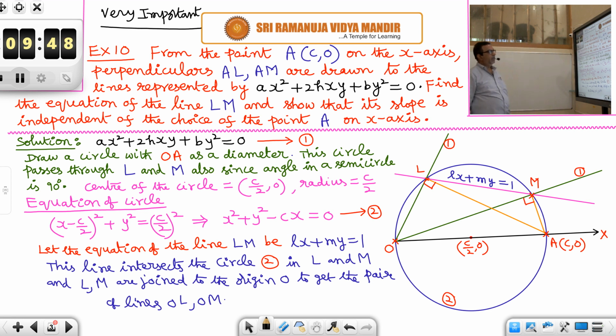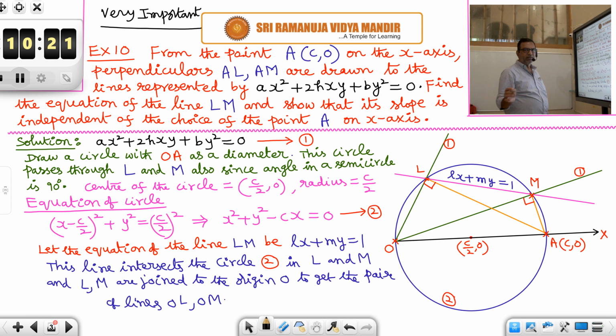From the point A, (c, 0) on the x-axis, perpendiculars AL, AM are drawn to the lines represented by ax square plus 2hxy plus by square is equal to 0. Find the equation of the line LM and show that its slope is independent of the choice of the point A on the x-axis. So first please look at the diagram.